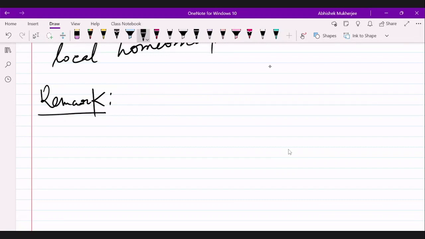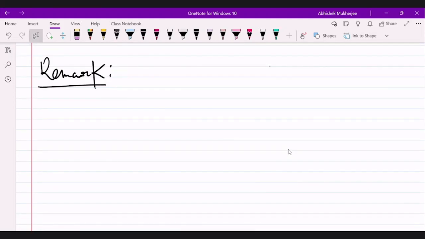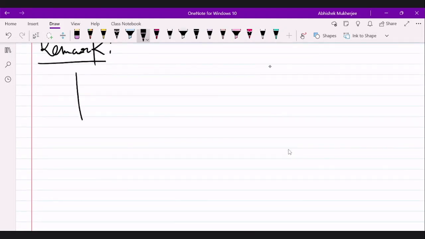We have also proved that the circular helix is a covering space of S1. Now it can be proved that S1 itself is a covering space of itself, right?